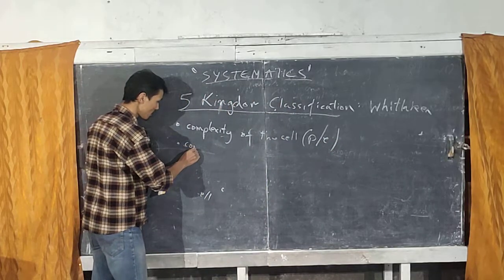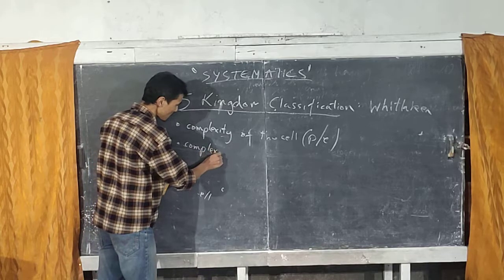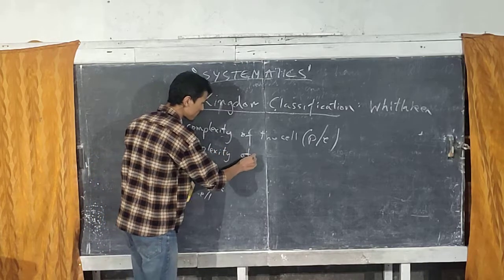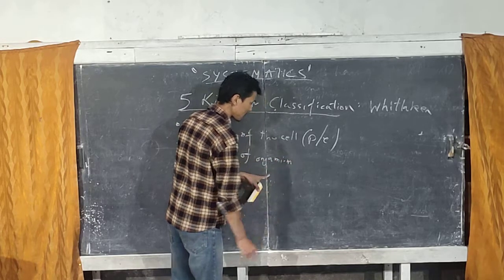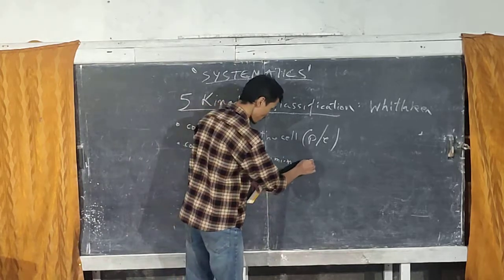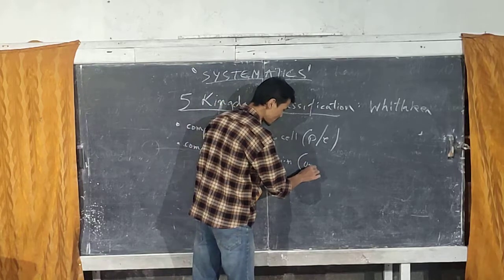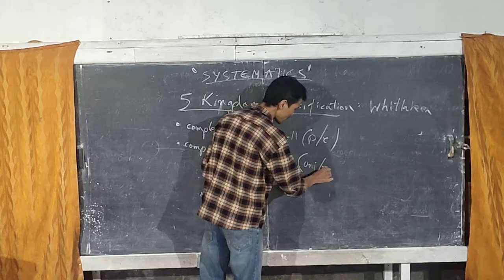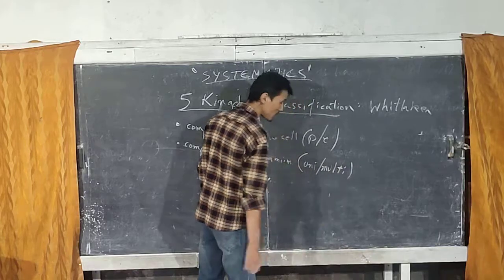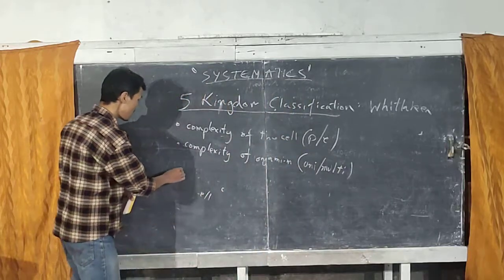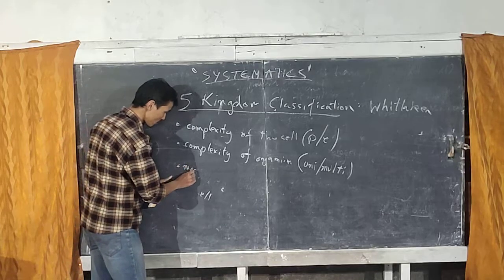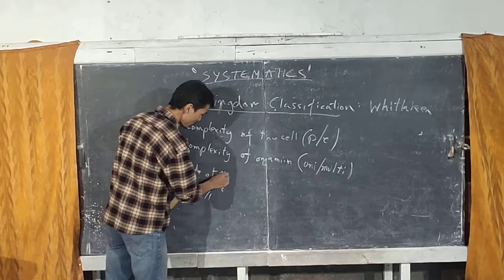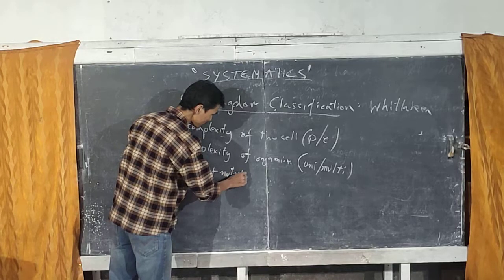Another is complexity of organism. That means whether the organism is unicellular or multicellular. And the last important criterion is mode of nutrition.